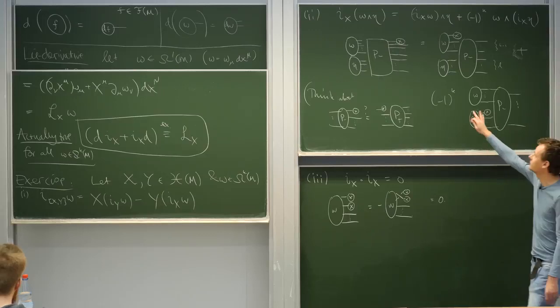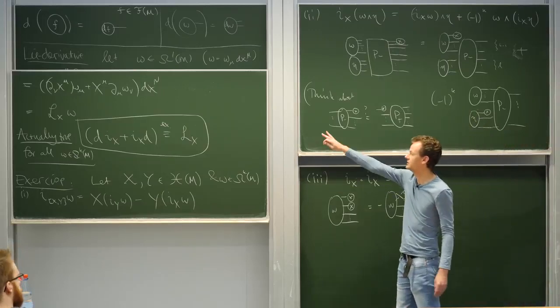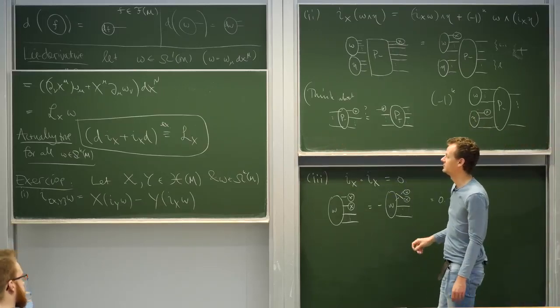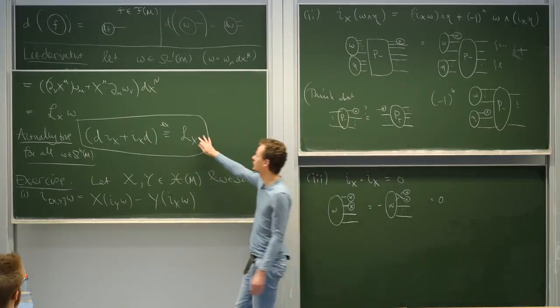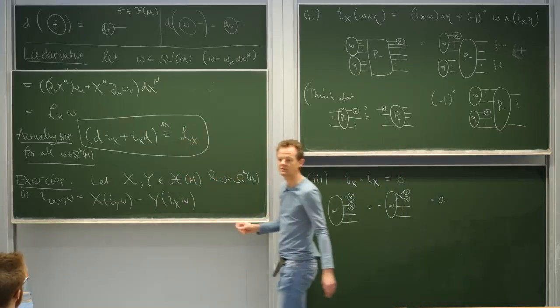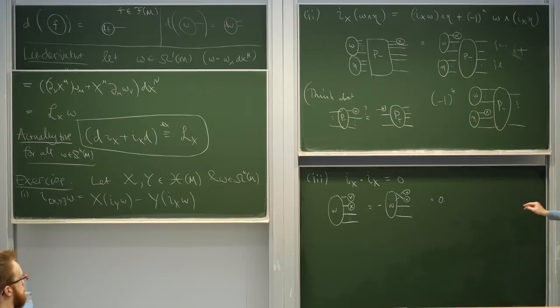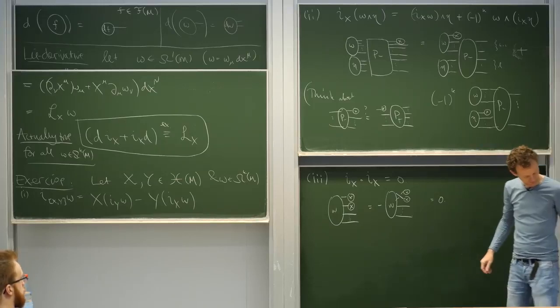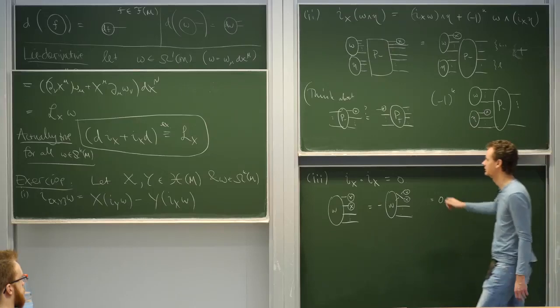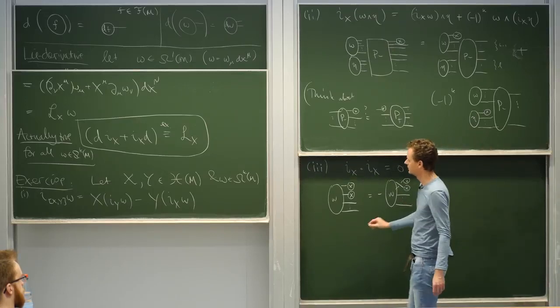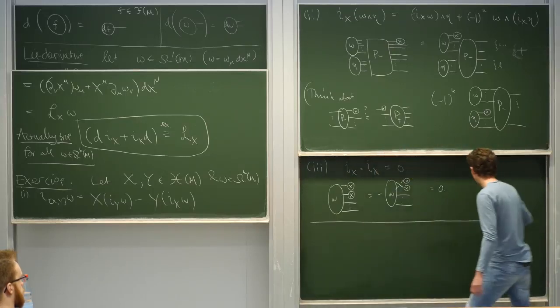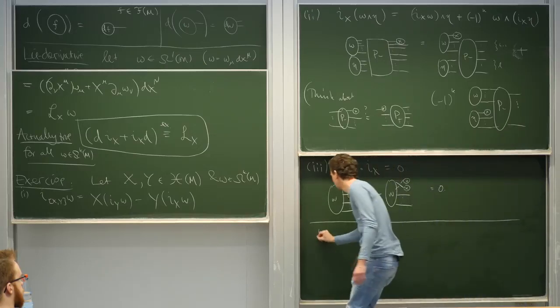Now, a consequence of these exercises and this formula here is that the interior product commutes with the Lie derivative in the same direction, when you take the interior product and the Lie derivative along the same vector field.